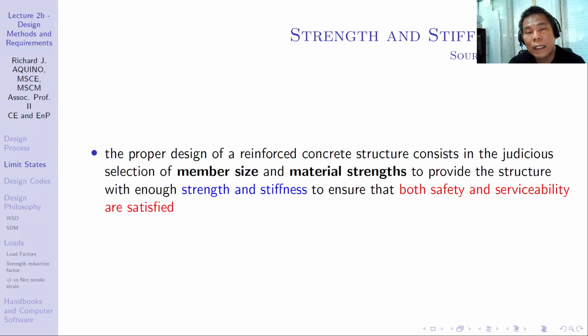Also, we have strength and stiffness. The proper design of a reinforced concrete structure consists in the judicious selection of member size and material strengths to provide the structure with enough strength and stiffness to ensure that both safety and serviceability are satisfied.